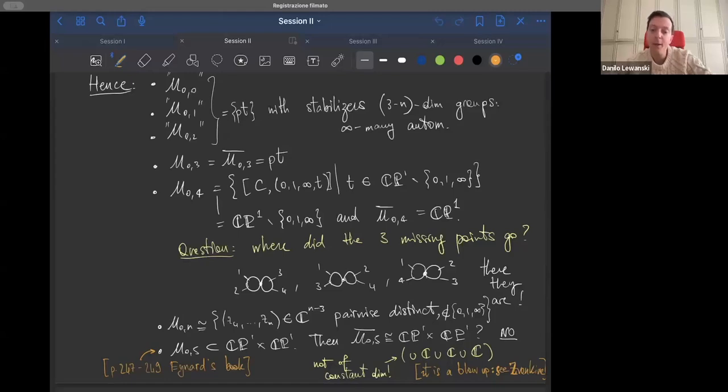Okay, but with 4 marked points, what can we have? Well, because we are in dimension 1, let me remind you that every node, or equivalently every edge, introduces one codimension in the locus of curves. So since we are in dimension 1, we can only allow ourselves a single node or a single edge in the dual graphs.